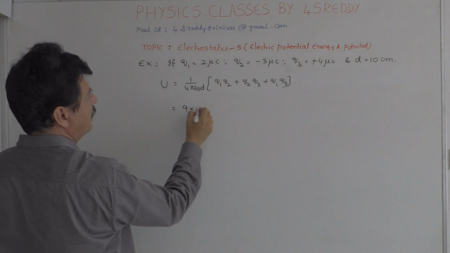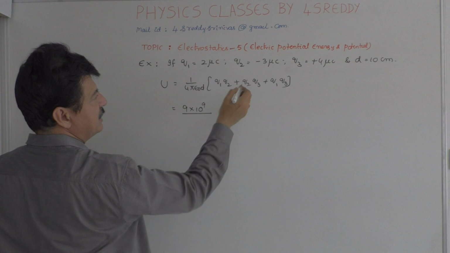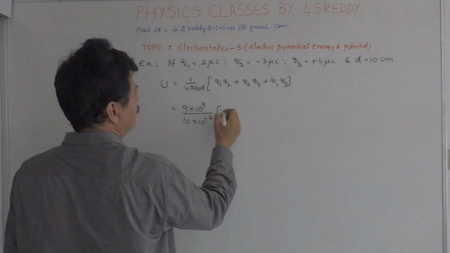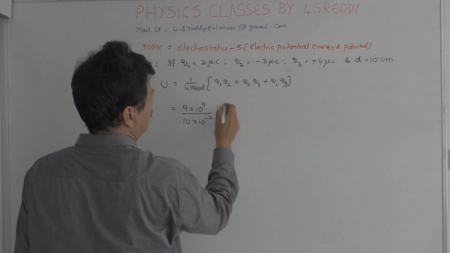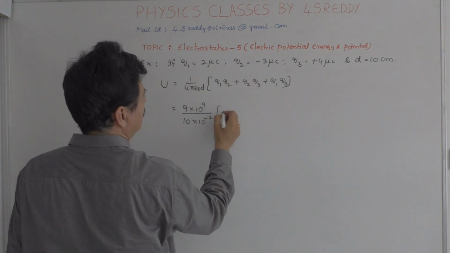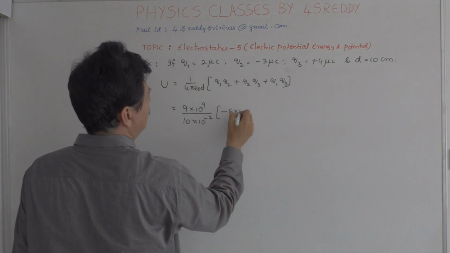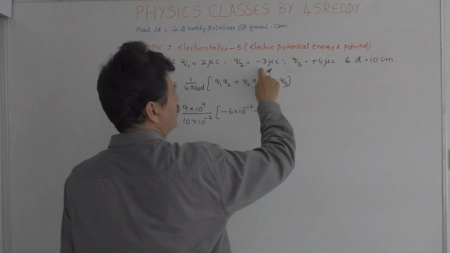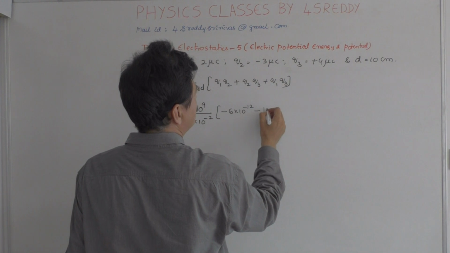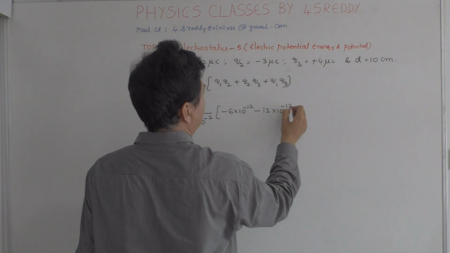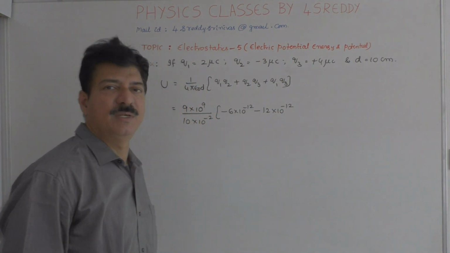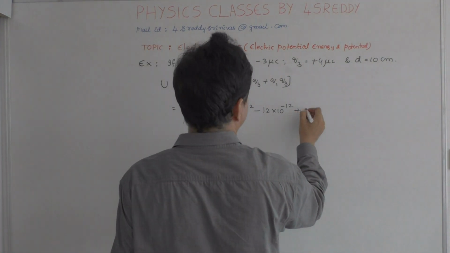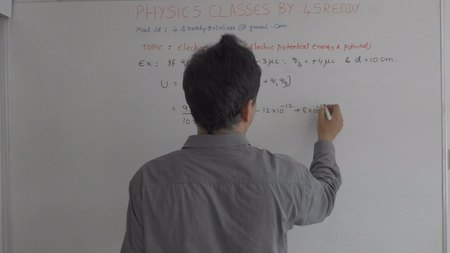Then you get 9 into 10 power 9 by the distance 10 into 10 power minus 2, times Q1 Q2, which is 2 into minus 3, that is minus 6 into 10 power minus 12, plus Q2 Q3, minus 12 into 10 power minus 12, because 1 microcoulomb is 10 power minus 6 coulombs, and plus 8 into 10 power minus 12.